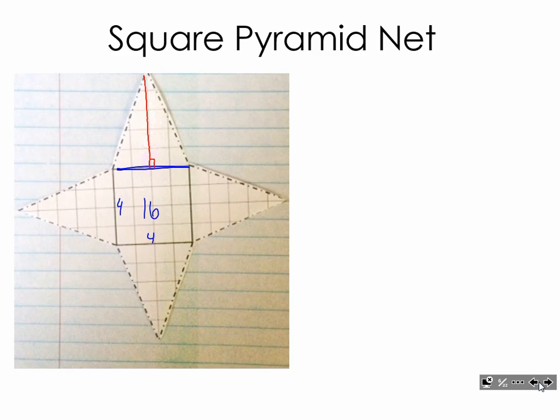That height was 1, 2, 3, 4, 5 units. So we had a 4 by 5. But the area of a triangle is base times height divided by 2. So we had a 4 by 5 divided by 2, which made each of these 10 square units. Okay, so we did that.